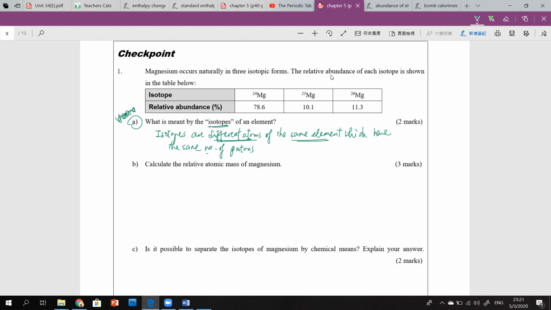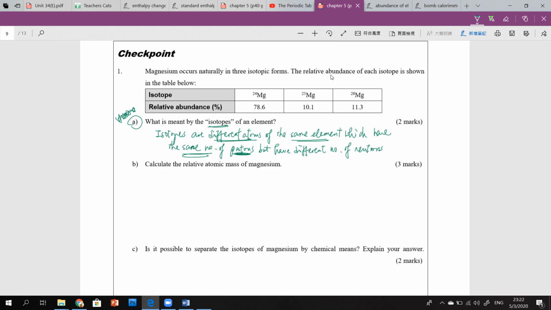You have to memorize they have the same number of protons. Otherwise, it belongs to different elements, right? Same number of protons, same element. But they have different mass, right? But they have different numbers of neutrons.